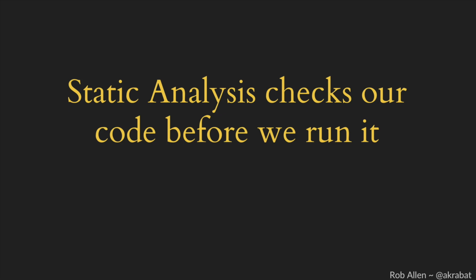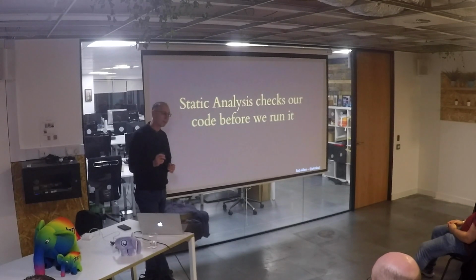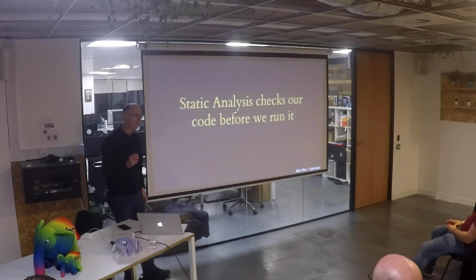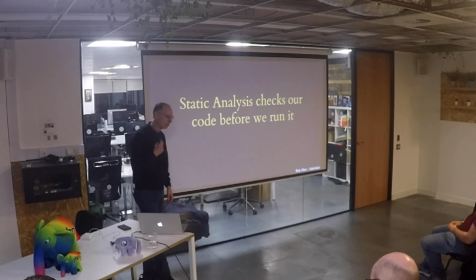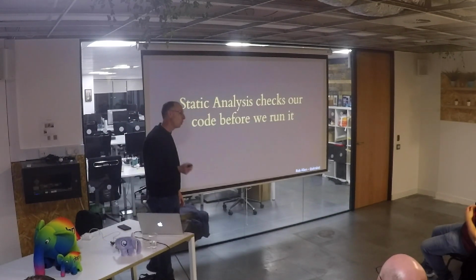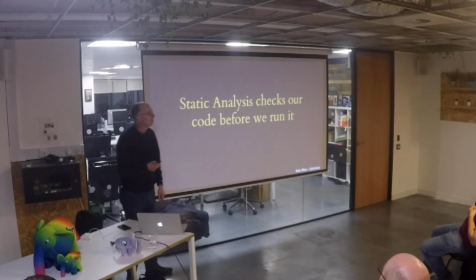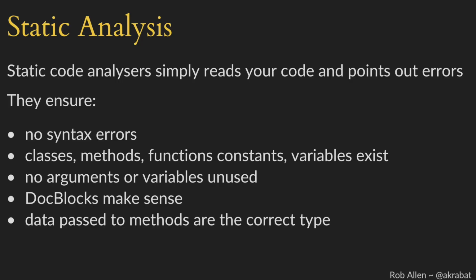Static analysis is a way to check our code before we run it. So this is a mechanism that we can use to start finding where we have screwed up our code, particularly related to types, before we run it and find that bug at the wrong time in the wrong place. So what's static analysis?